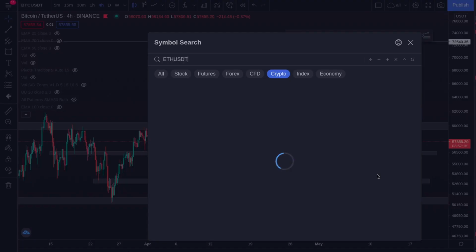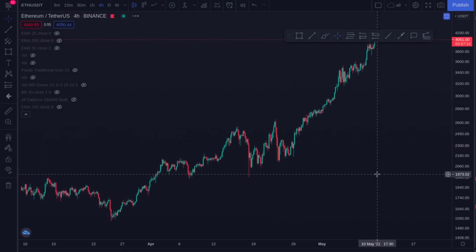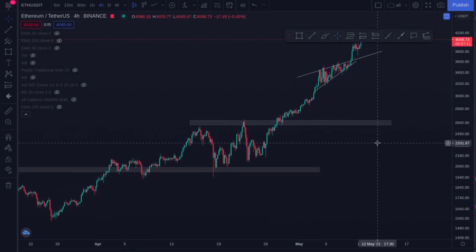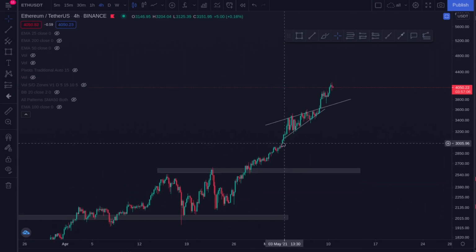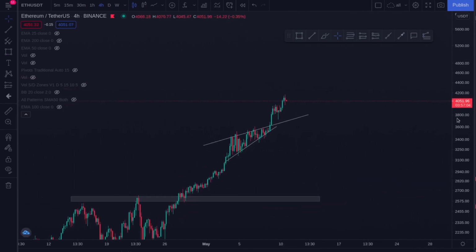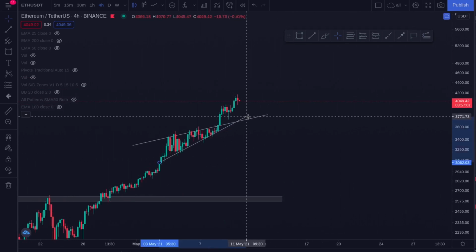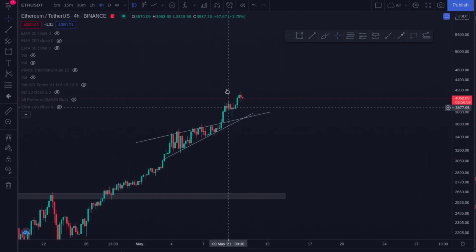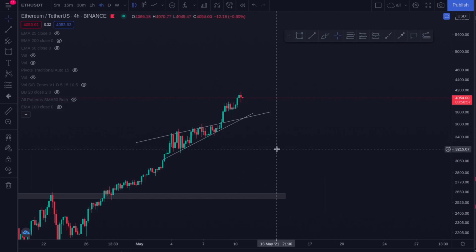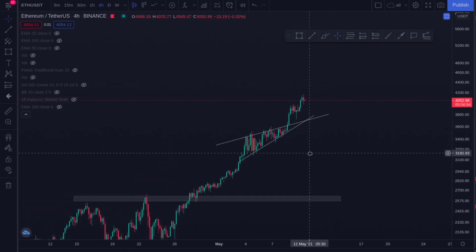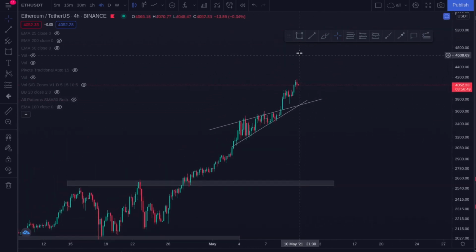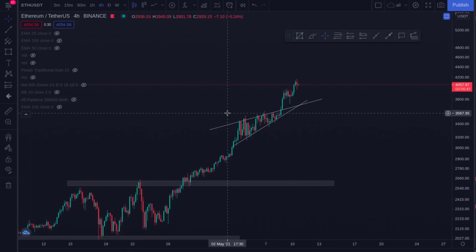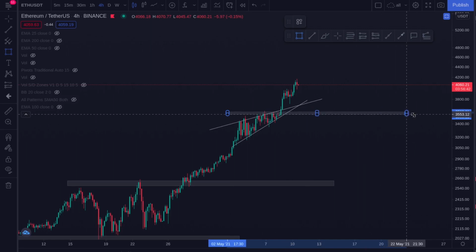Then next we have Ethereum USDT. In Ethereum, we broke out these resistances, and eventually we had this rising wedge pattern, which is bearish, but it didn't play out, and we broke to the upside and started going upwards. If people were asking where should we buy Ethereum, and if you are interested in buying, these zones should be good.